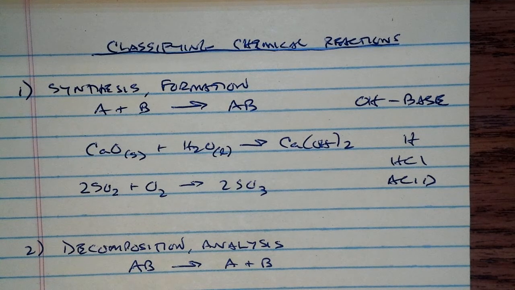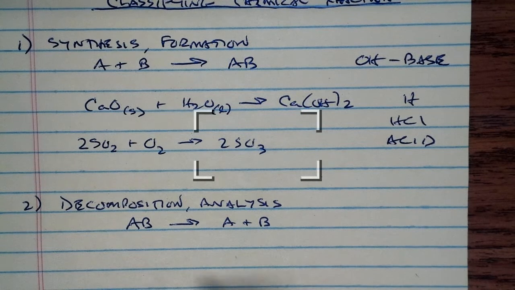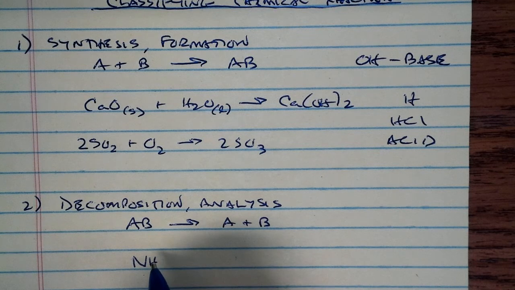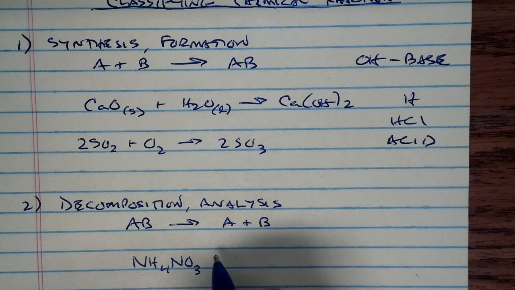Okay, and examples of this could be ammonium nitrate. Now, how will we write ammonium nitrate? NH what? Ammonium. NH4. Nitrate. NO3. It's a 1-to-1 ratio, +1 and -1.